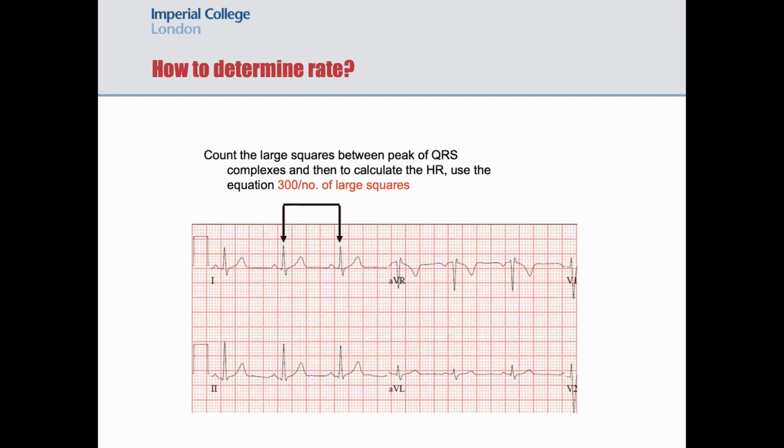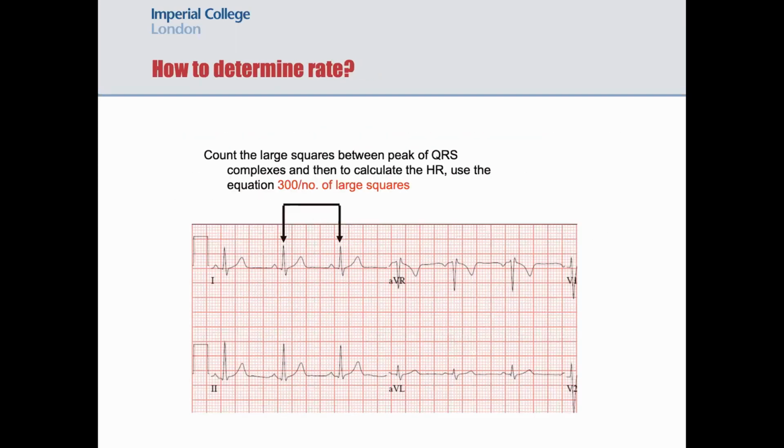So in a whole minute, the distance it travels will be 1,500 millimeters. Because each little square is about 1 millimeter, a large square is 5 millimeters. So if you divide by that, in 1 minute the ECG paper would have traveled 300 large squares. And if the rhythm is regular and in sinus rhythm, you can just divide 300 by the number of large squares between the R to R interval to work out the heart rate.